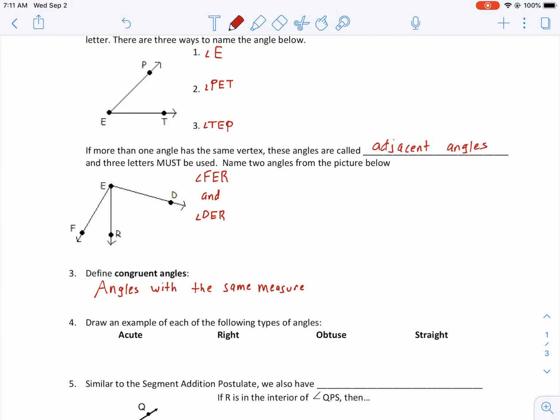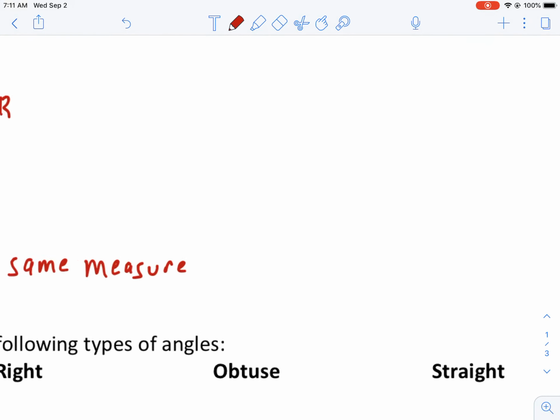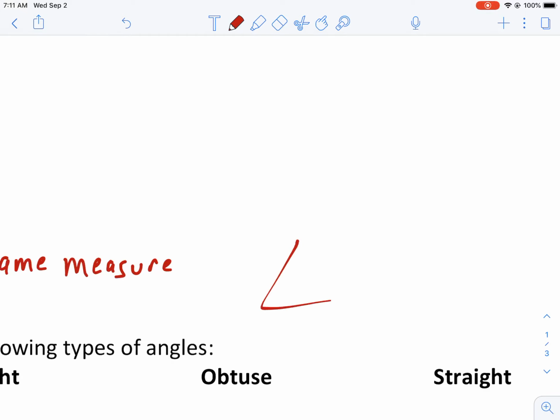All right, angles with the same measure. So we would say this angle right here is congruent to this angle, all right? And we can draw little lines there if we want. Let's say these are both 40 degrees, all right? So therefore those angles are congruent.